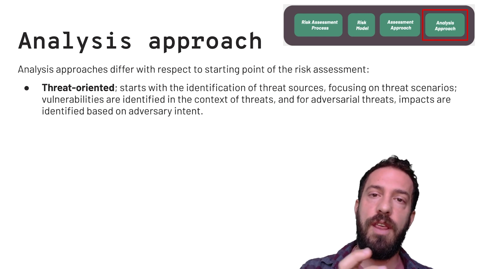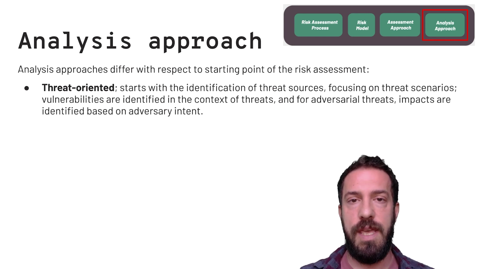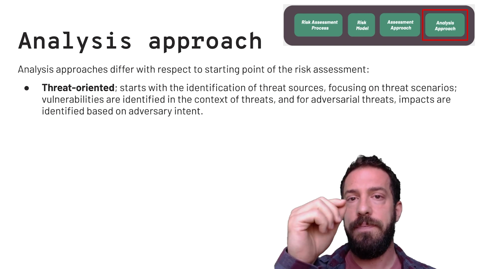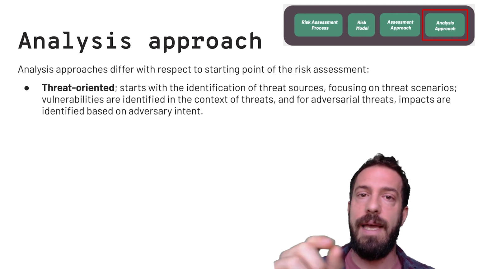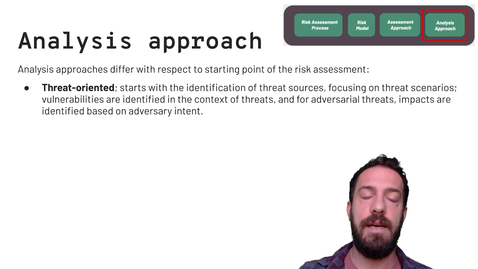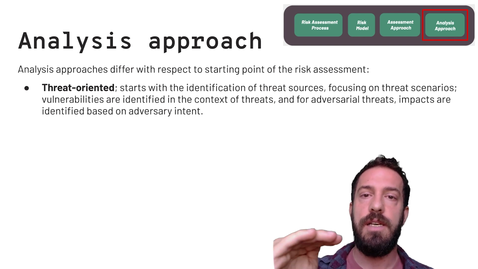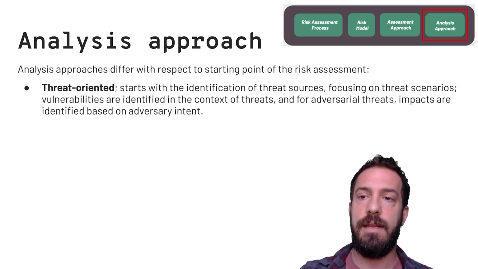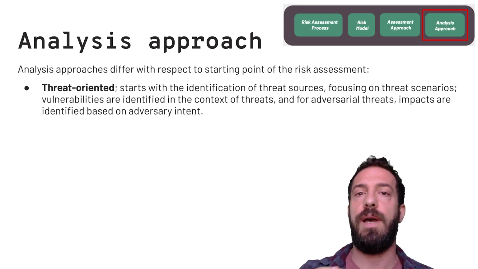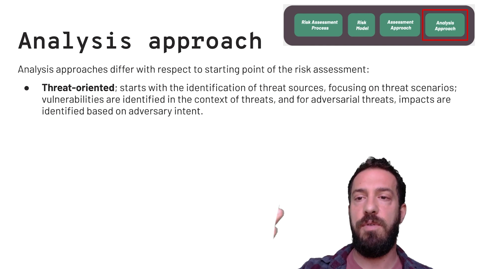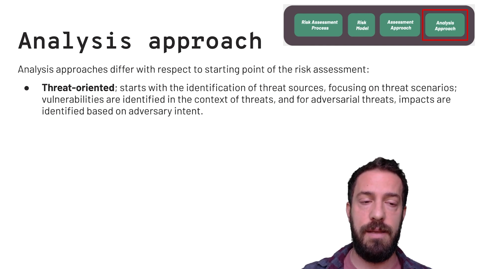So you focus on the threats and not on vulnerabilities or on other things. You start there, because you have to provide a list of risks to the decision makers. So the list is being created in a threat-oriented way. You go by threats, and then you provide the risk associated with every threat.